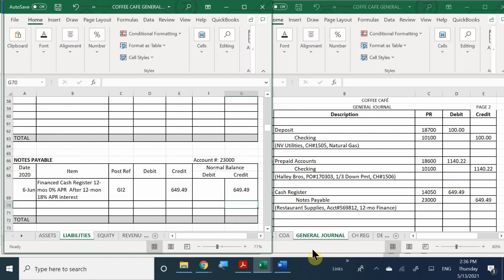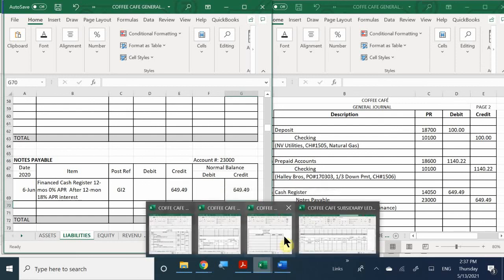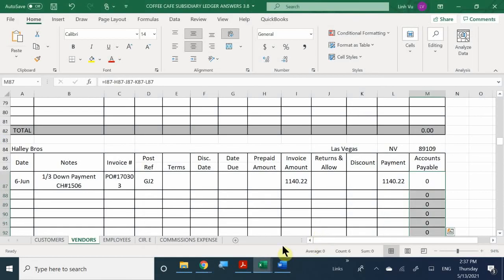All right. So now that we finished our ledger, any questions in regards to how we're financing this asset? Okay. So once again, we need to visit our subsidiary ledger because we dealt with a company, right?